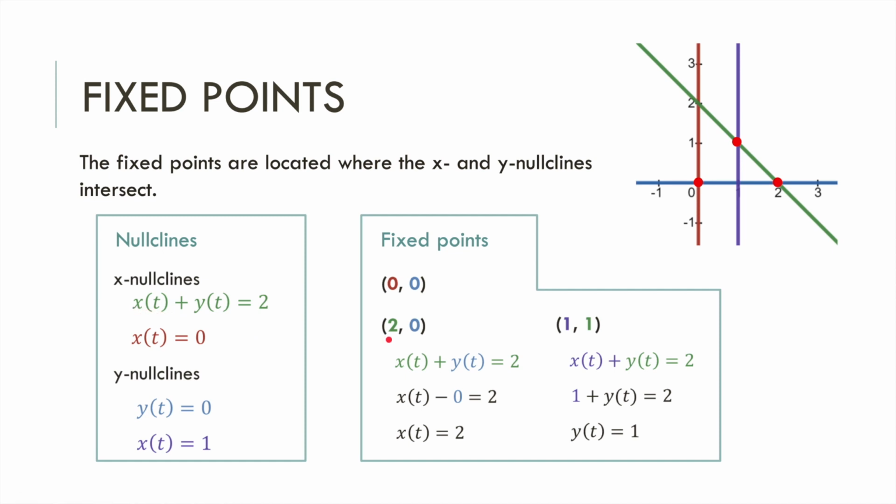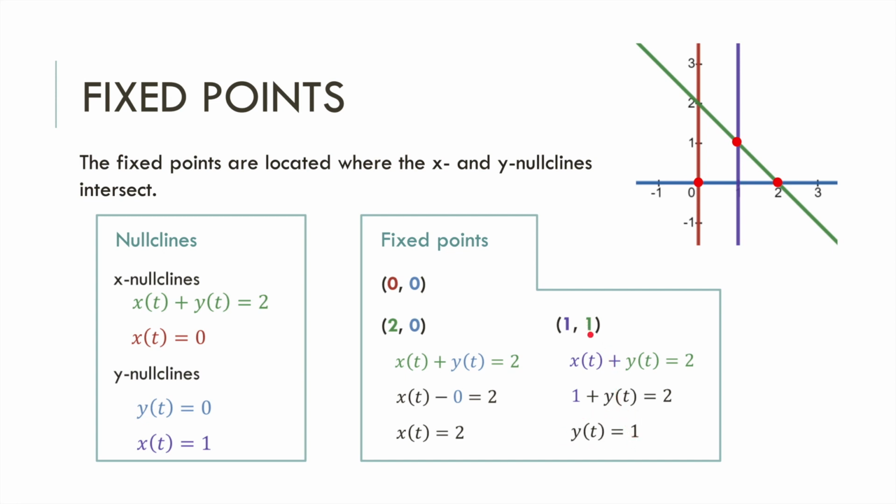So we calculated the fixed point 2, 0 by plugging y of t into this equation. We then solve it and get x of t equals 2. So we plug in the 2 here, and the 0 we got from this y of t. The next and final fixed point we calculate by plugging in x of t equals 1 into the equation and subtracting by 1, thus concluding y of t equals 1.